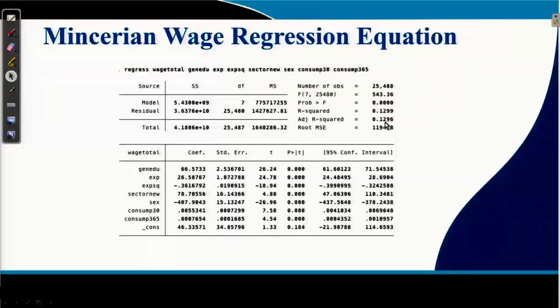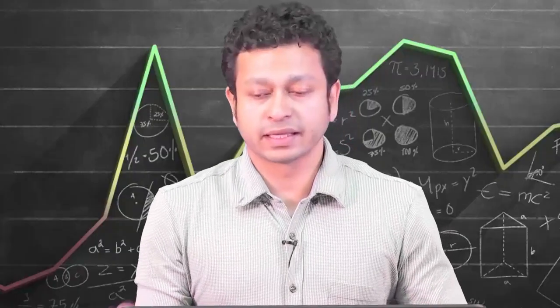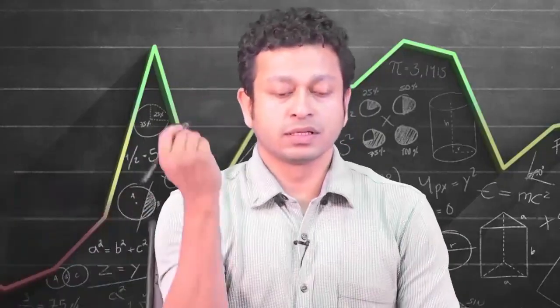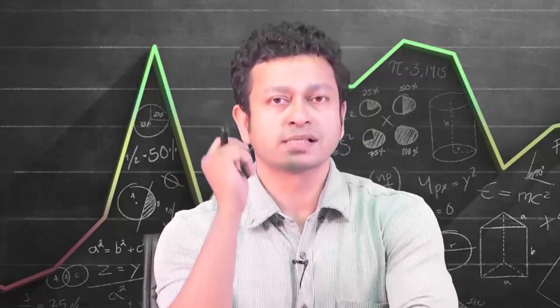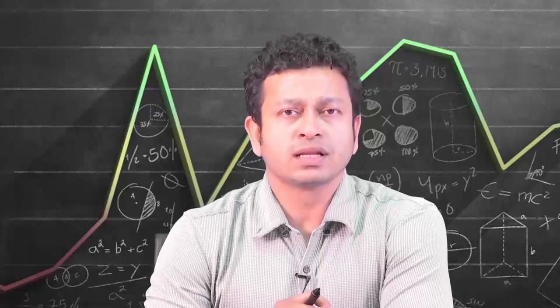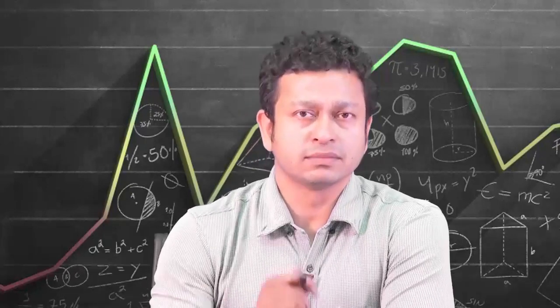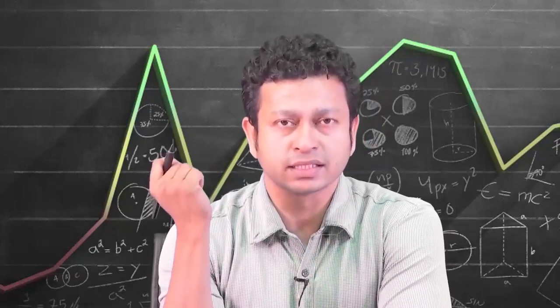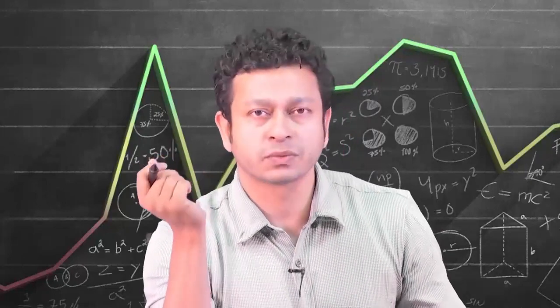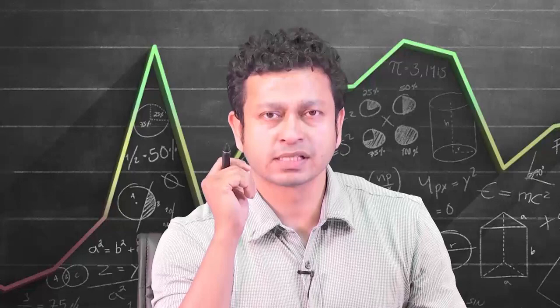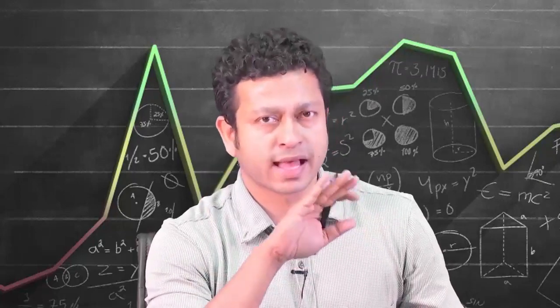When we talk about the different variables we include in a regression equation, as I include more independent variables, I would see my R square value increase, and precisely that is what we have seen. All the different variables I have included, the R square value is increasing.